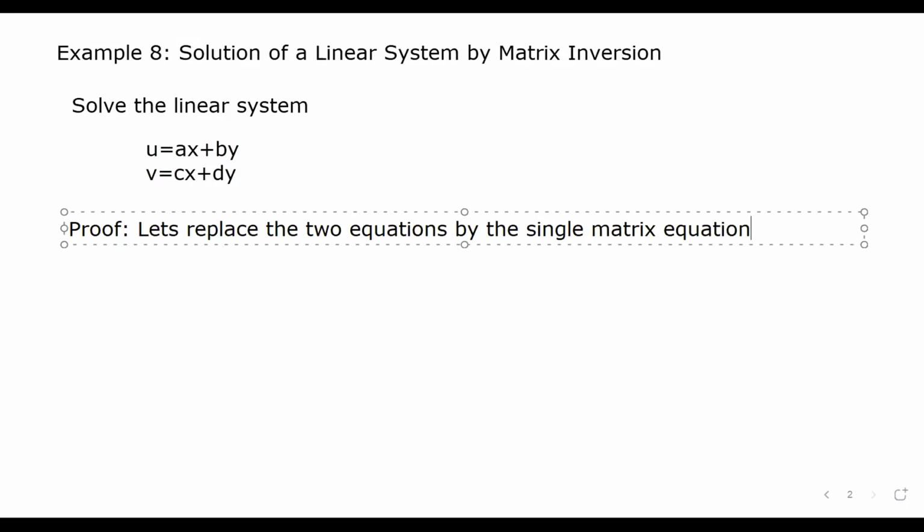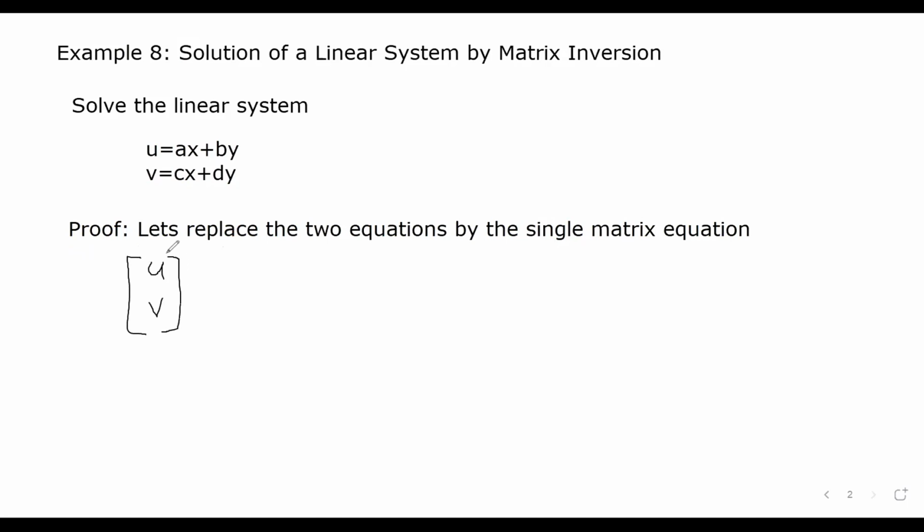If you think of the solution U and V as one matrix, the solution matrix, this is equal to the coefficient matrix A, B, C, D times the unknown matrix X, Y. This looks weird, but we've actually replaced two algebraic equations with one matrix equation.